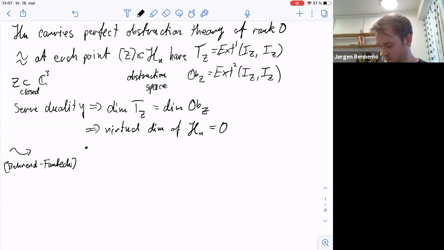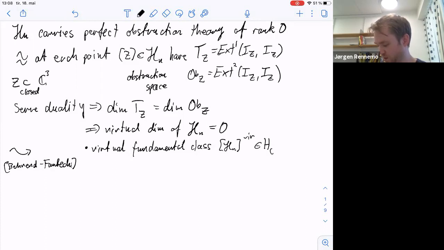One applies more generally and is more famous: the virtual fundamental class, some class representing, roughly speaking, what the fundamental class would be if the equations were transverse.